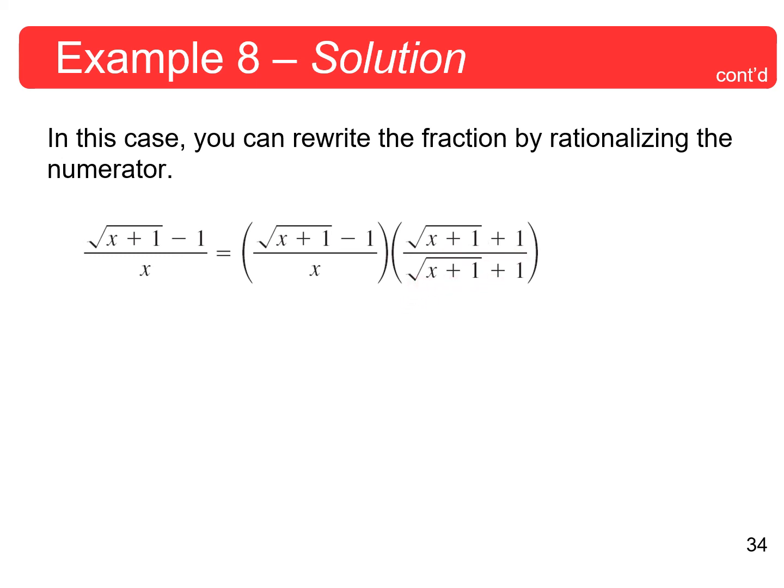Now, from here, you multiply this to this using difference of two squares. You copy this expression here and then you square it, and then copy this expression here and square it. So to multiply these two, I just use the difference of two squares formula. And then here, multiply this times this.